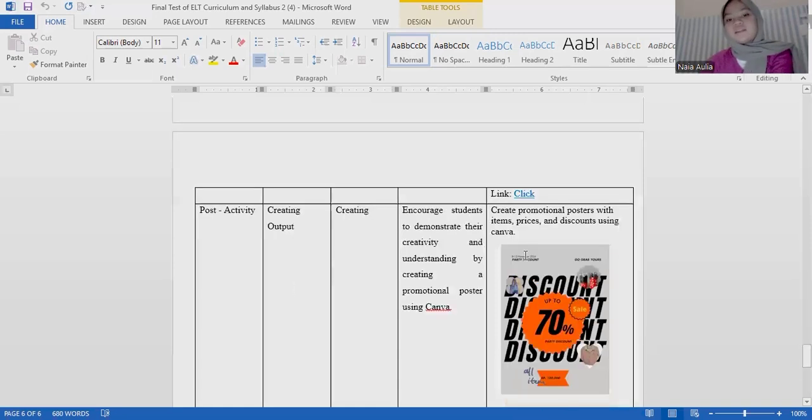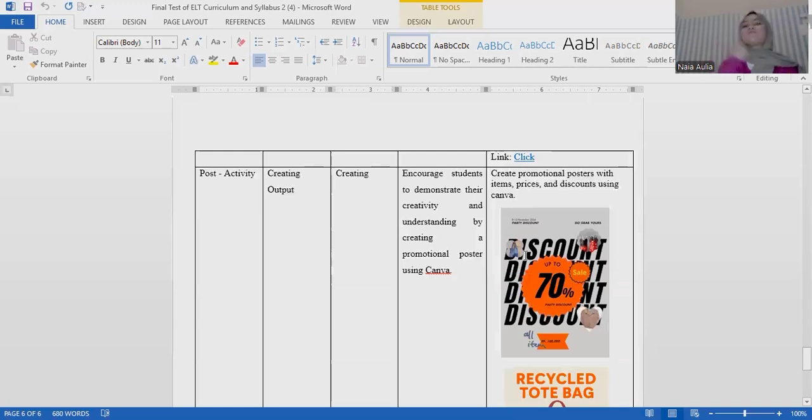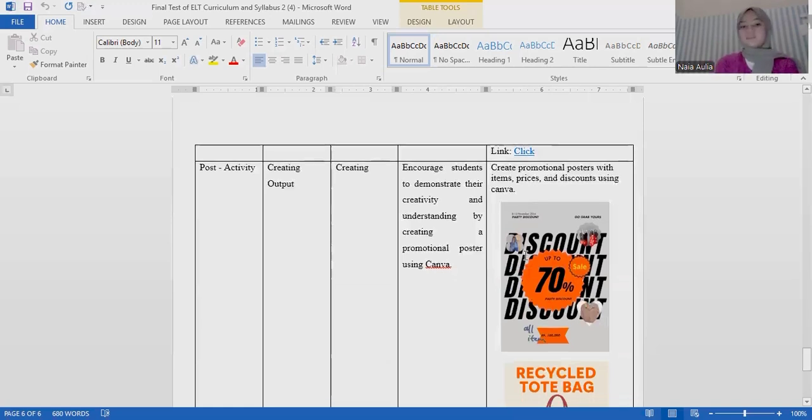And in conclusion, I think we should have a proper way to make an ATP or lesson plan so my students have understanding by the end of the lesson.